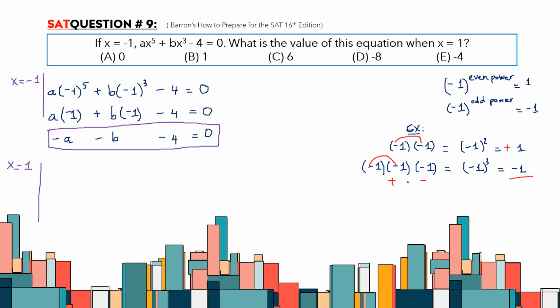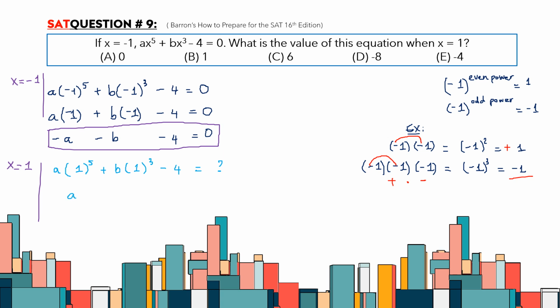Okay, so we have a times x to the 5th plus b x to the 3rd minus 4. We want to know what this is equal to. Okay, so 1 to the power of 5 will be 1.